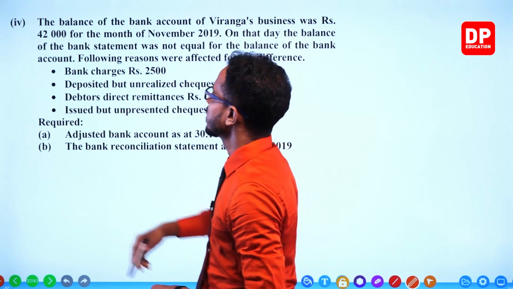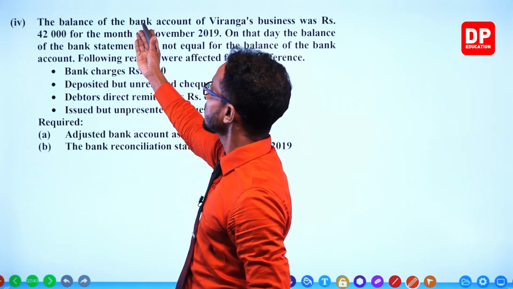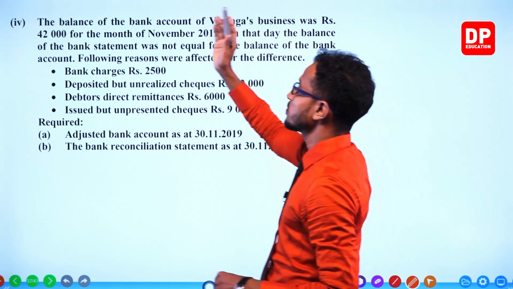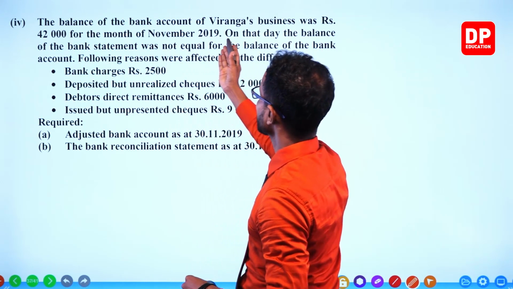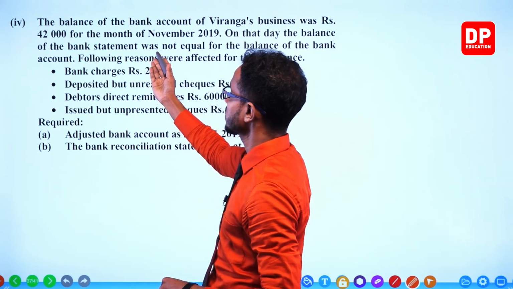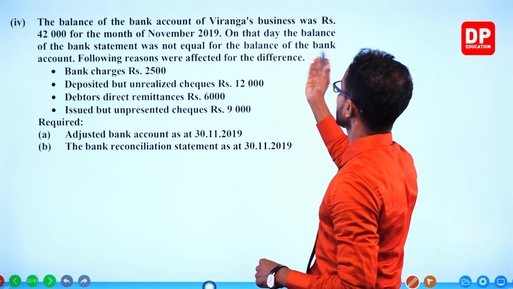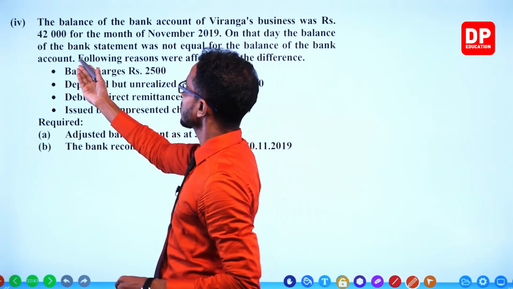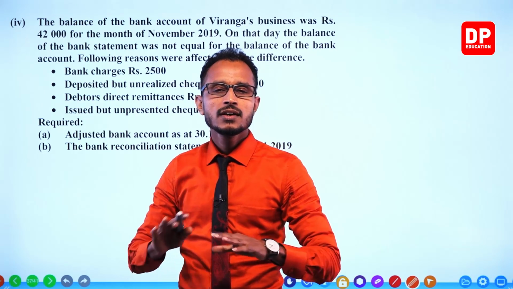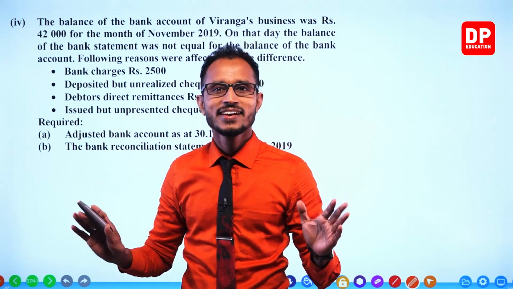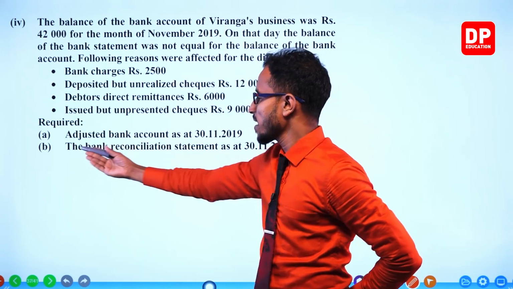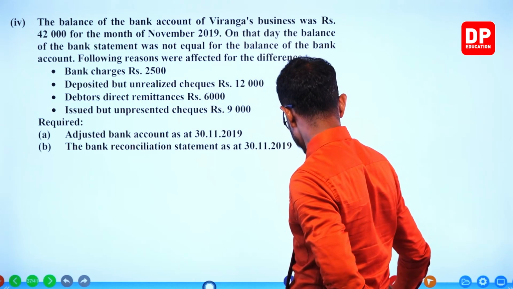Viranga's business, 42,000, month of November 2019. On that day, the balance of the bank statement was not equal to the balance of the bank account, for the following reasons. Typical, classic bank reconciliation question. What we need is the adjusted bank account and the bank reconciliation statement.